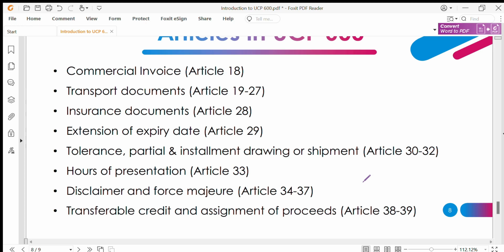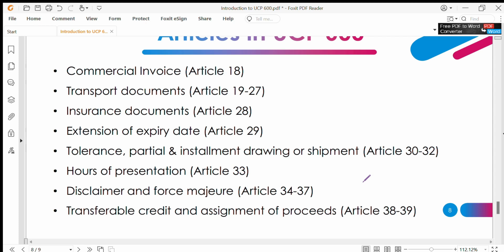Tolerance speaks about whether there can be a plus or minus relating to the value of goods being shipped, the quantity of the goods being shipped, or the price of the goods being shipped. In what situation can you expect that tolerance? And is it there across all, that means price, quantity as well as value, or just one metric?